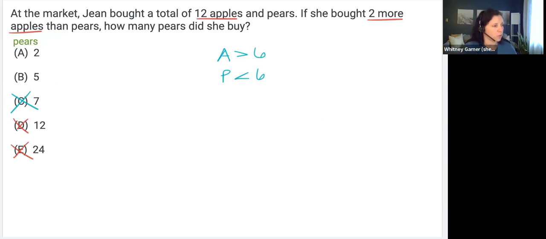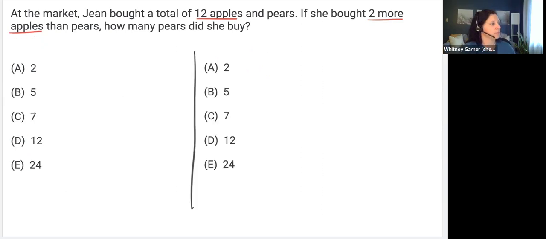So we know that the answer choices represent the number of pears. And I have 2 relationships. This is my number of pears, and I'll do this other one over here with my number of pears. We'll say that we've already outsmarted the question and gotten rid of 12 and 24.